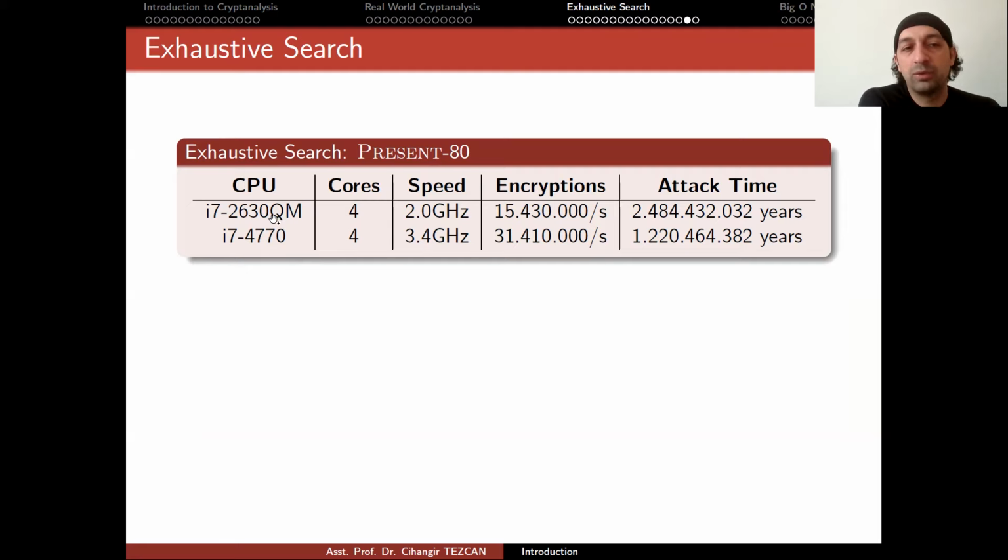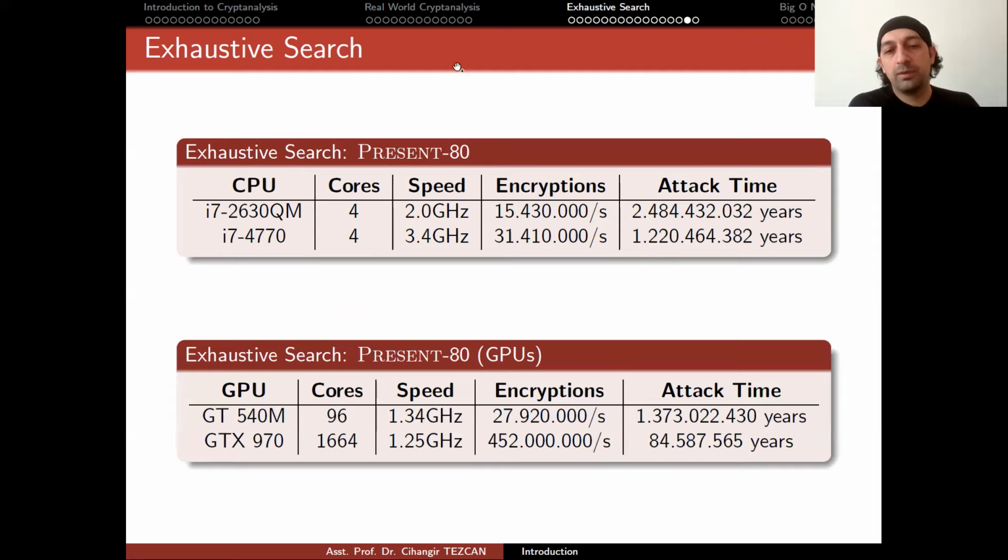This is from around 2010, very old devices, but all of them are 4 cores. As you can see, a desktop computer, when performing an exhaustive search attack on PRESENT-80, has about 2 times more performance than a mobile version. So it will take, using a single CPU, billions of years to break PRESENT-80.